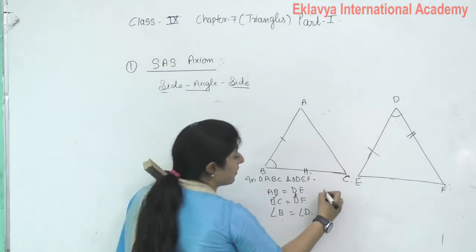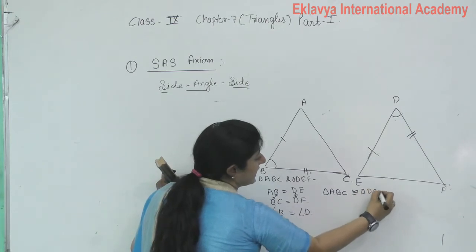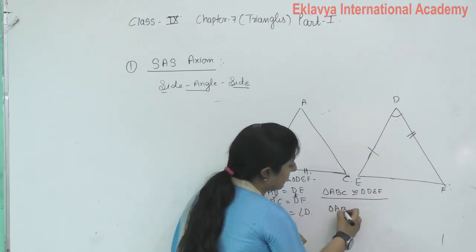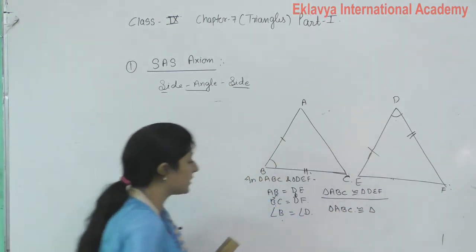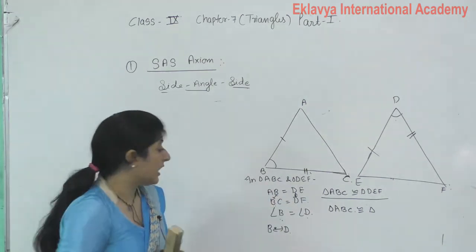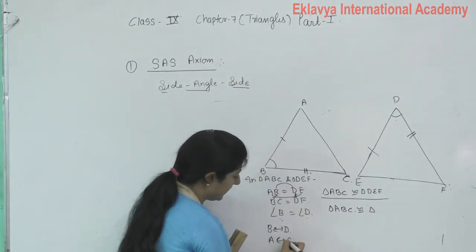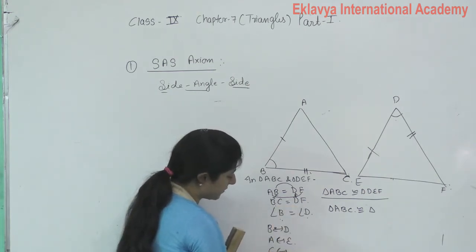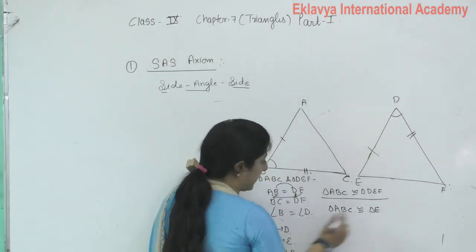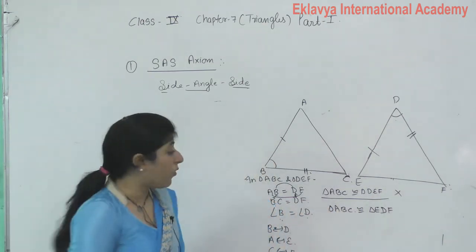Now write down the name of these triangles. If I write triangle ABC congruent to triangle DEF, is it correct? Check it. Triangle ABC is congruent to triangle, now B is corresponding to D. If B is corresponding to D, it means A is corresponding to E and the remaining C is corresponding to F. So first will come E, then D and then F. So now what we can say?